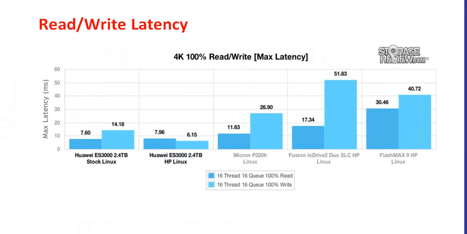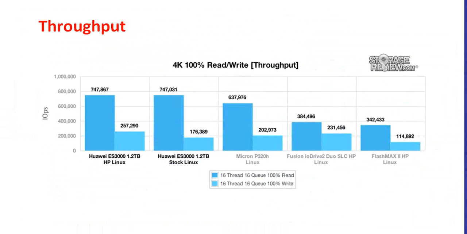Next, please. Then again, 4K, 100% read write. This is throughput now. Remember, it was two measurements on the PCIe SSD. Throughput, that's your performance, how much IOPS you can pump through the bandwidth, how many random read writes you can do. That's a measure of IOPS, input output per second.